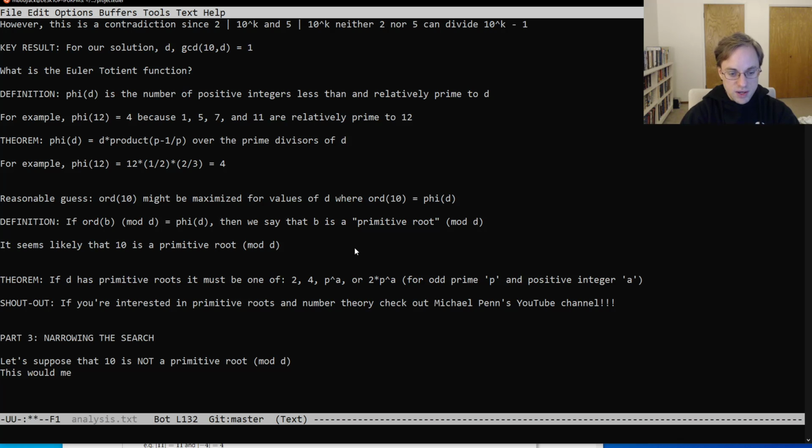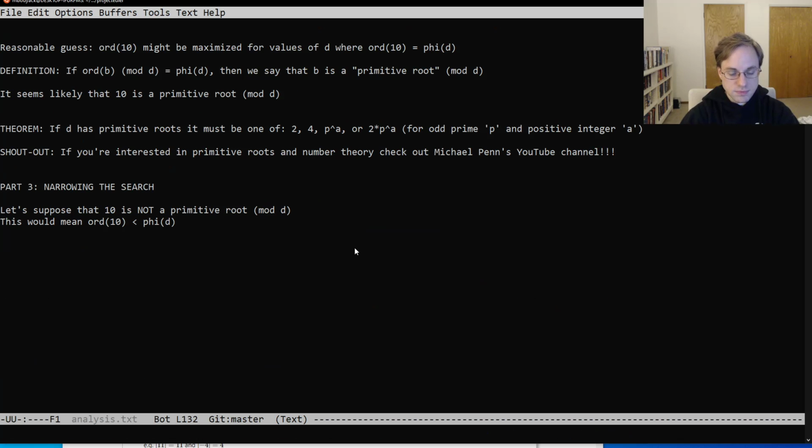This would mean ord 10 is less than phi of D. Also recall, we proved this earlier, that ord 10 divides phi of D. And that's because any solution to 10 to the k congruent to 1 mod D must be divisible by ord 10.